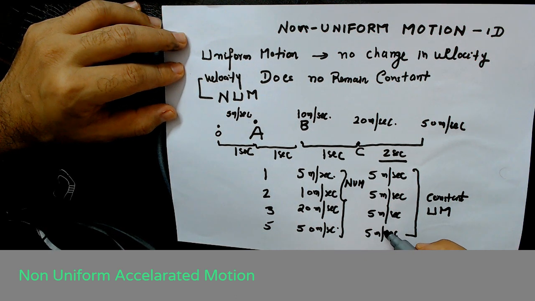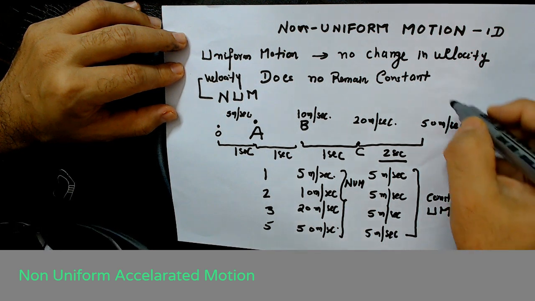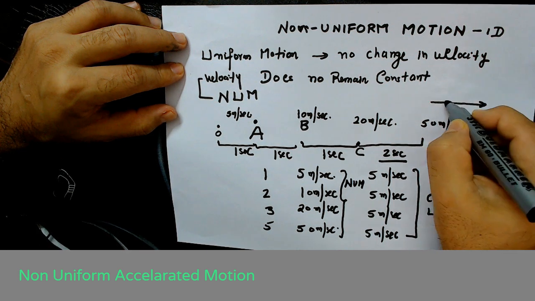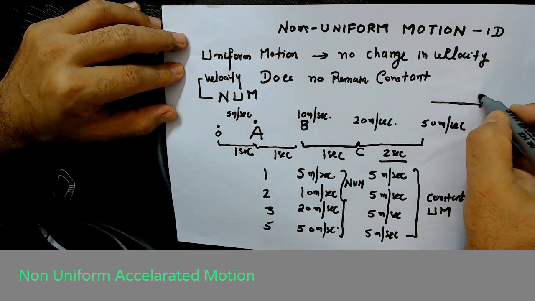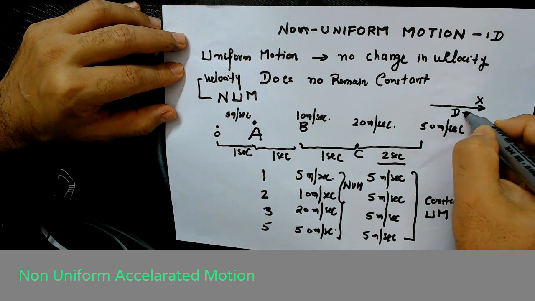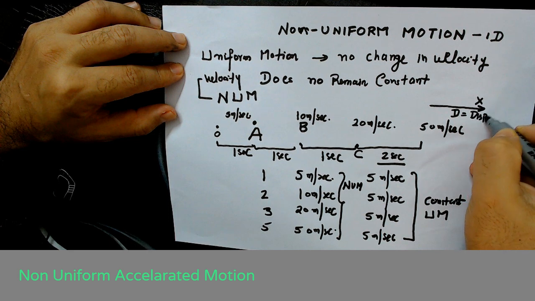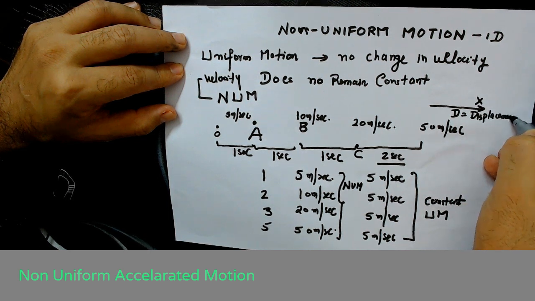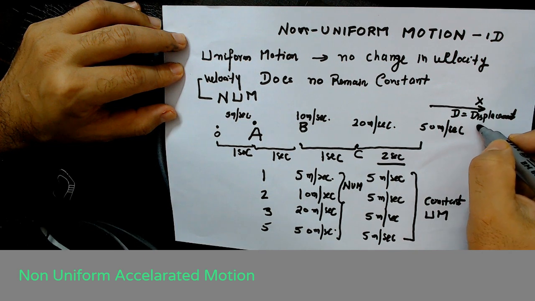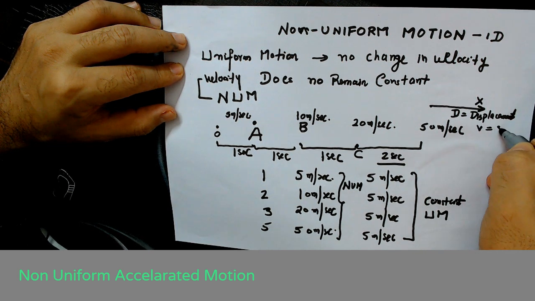I'm using the word speed and velocity interchangeably because I'm considering 1D motion, like only the x-axis, in which the distance is equal to displacement, okay, because the start point and end point remain unchanged in 1D motion. The velocity also becomes equal to speed.